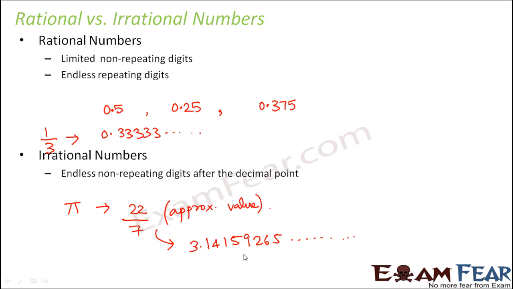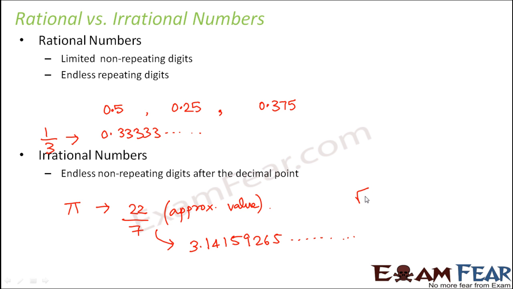So these kinds of numbers are irrational numbers because they can never be written in the form of p by q. Now you might ask, but it is written in the form of p by q, 22 by 7. But 22 by 7 is just an approximation of this value. Why have we done this approximation? Just to keep our calculations simpler. So pi is an example of an irrational number.